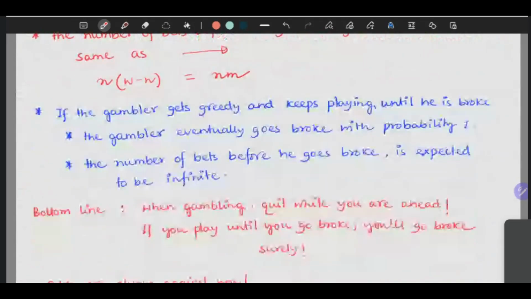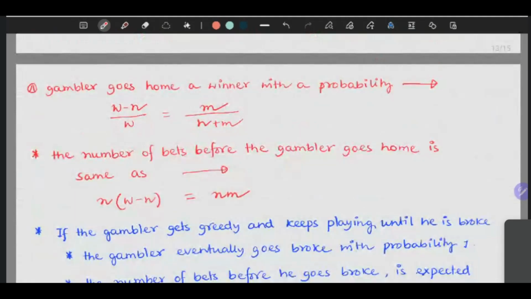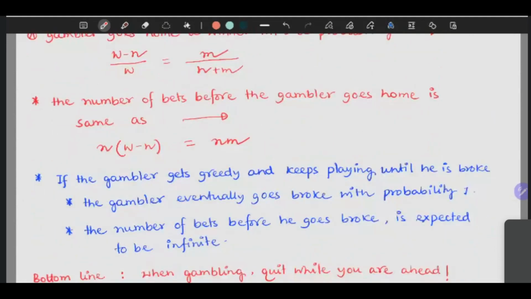From here you can also find the number of bets before he goes home, which is n times m. So if the gambler gets greedy and keeps playing until he's broke, he will eventually go broke with probability 1, but the number of bets required to go broke is infinite.